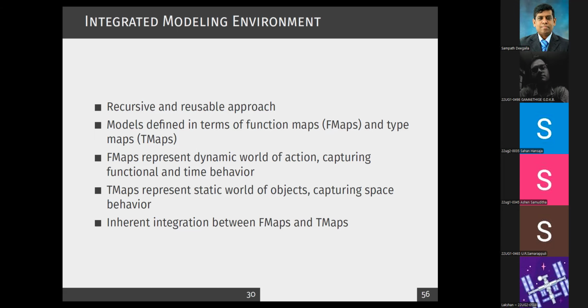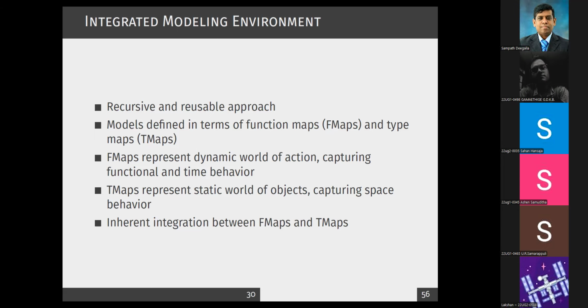Whereas the second map we call T maps, or type maps. This describes the static structures like objects and their properties, right? Like in object orientation, when you have parent and child objects, the child usually inherits properties from the parent. All of this was possible here as well, right? So the T maps represent those behaviors.